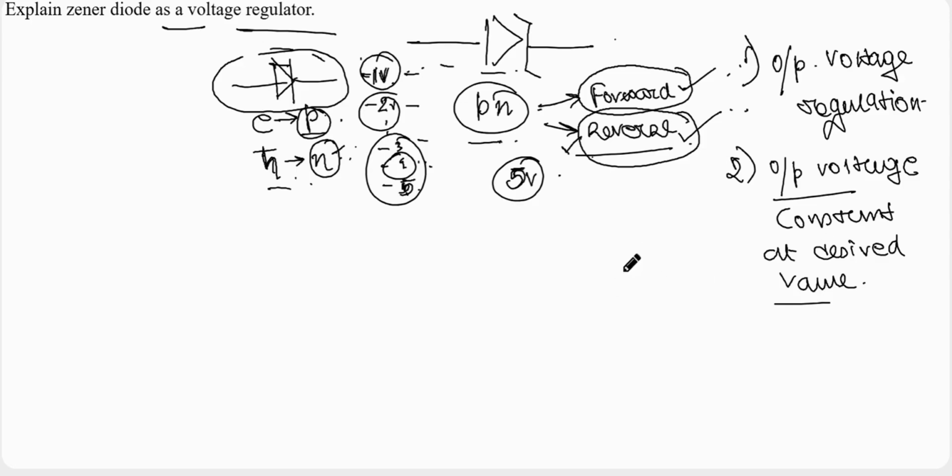If we increase the reverse bias voltage at the supply, the voltage regulator ensures that the output voltage always remains at minus 4 volt. So it will keep the output voltage constant at that desired value even when the input supply voltage is varying. Now we will draw the circuit diagram of a zener diode as a voltage regulator.